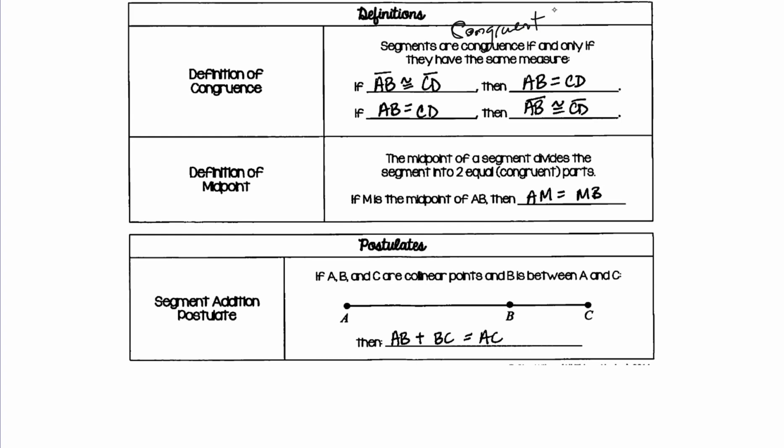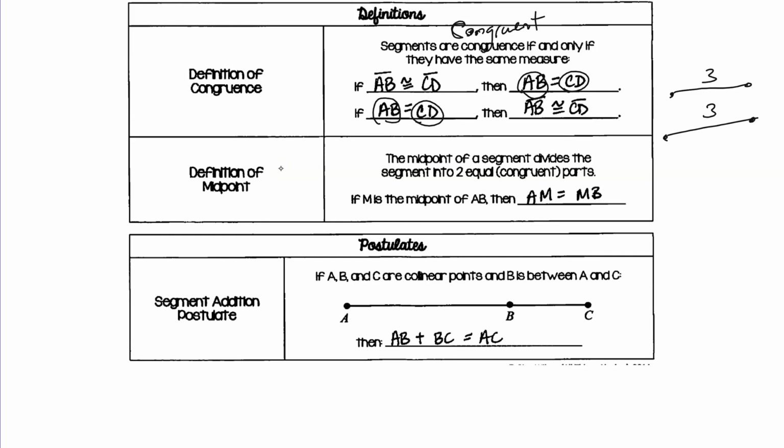So that just means if two line segments are congruent, if this is 3, this segment also needs to be 3. Okay? So basically it's saying if segment AB is congruent to CD, then the distance from AB has to be equal to the distance of CD. And vice versa. If AB is equal to CD, meaning the distance from A to B is the same as the distance from C to D, then they have to be congruent.